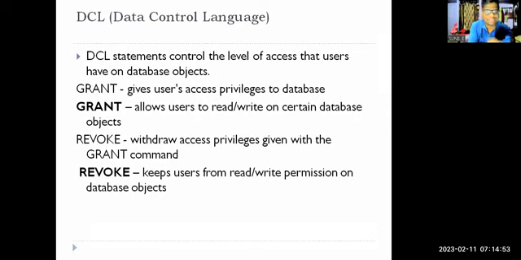In this DCL, data control language, we mainly use two types of statements, that is grant and revoke. Two important ones: grant and revoke. First of all, what is the grant statement? The grant statement gives users access privilege to the database.